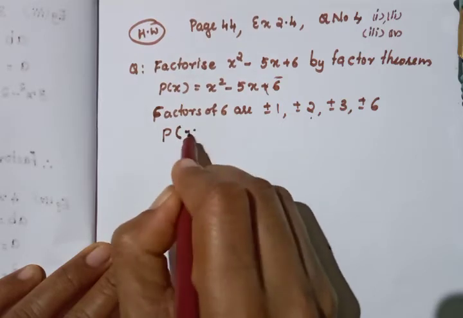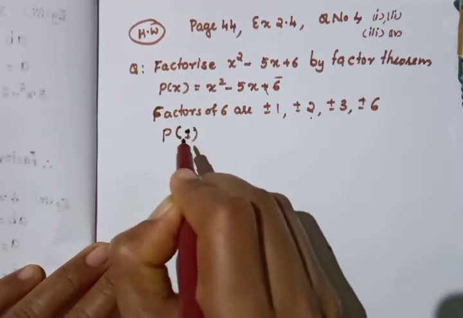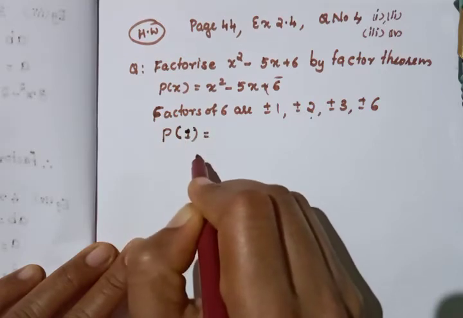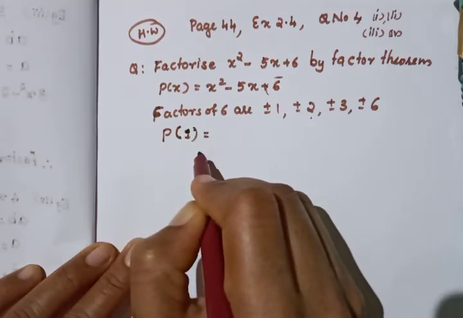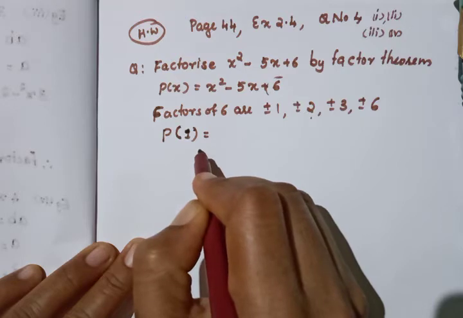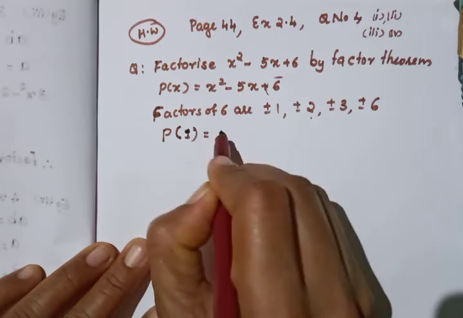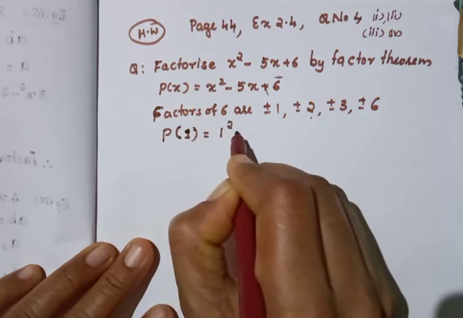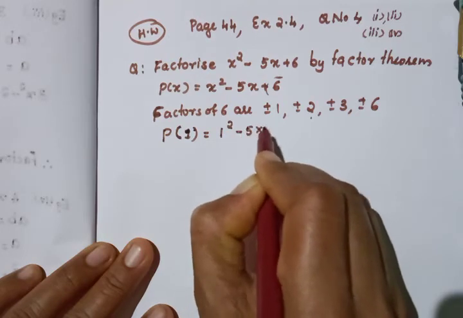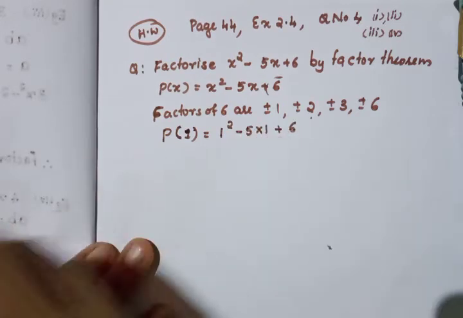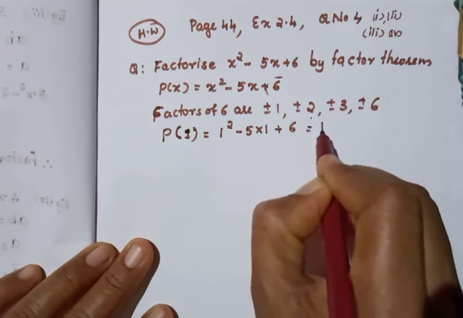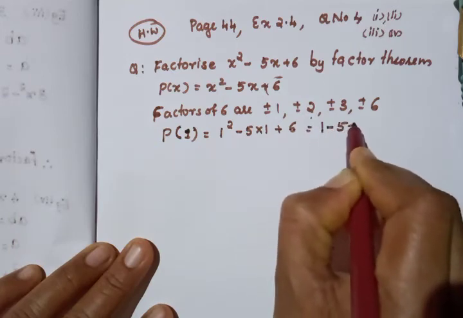Okay. Now I'll take positive. If I take positive 1, let's see whether I will get 0: 1 square minus 5 into 1 plus 6. 1 minus 5 plus 6.